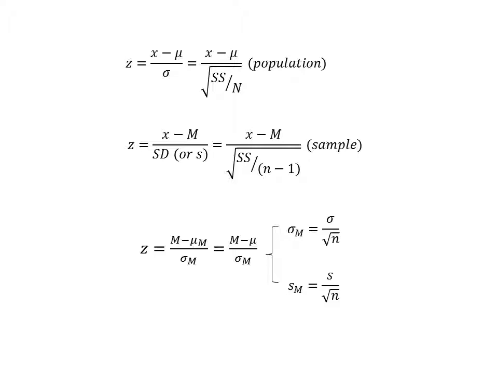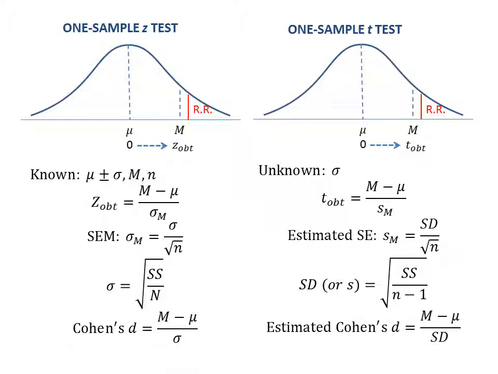In Chapter 7, hypothesis testing, we use one-sample z-test to test significance. In one-sample z-test, we know the population mean, and we know the population variance. So we can calculate the population standard deviation, and then use this population standard deviation to calculate the standard error of the mean.